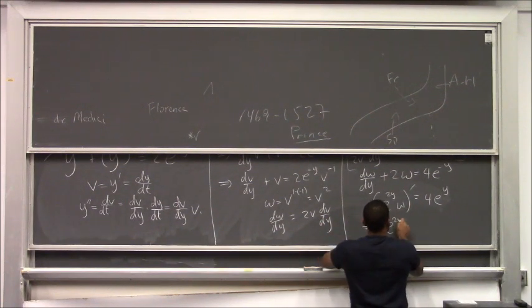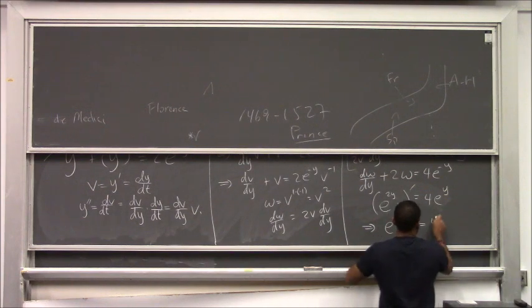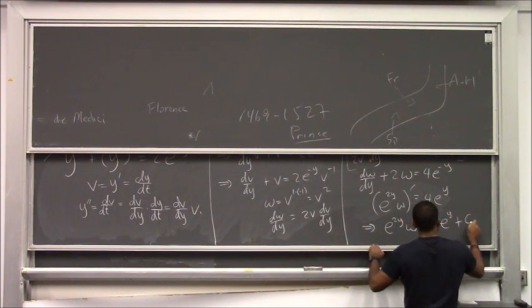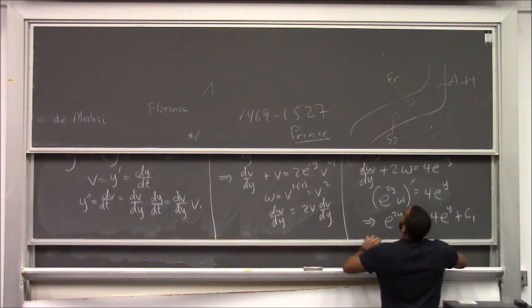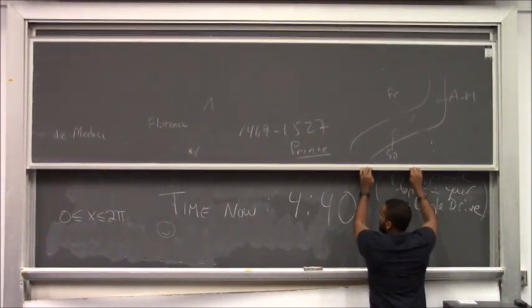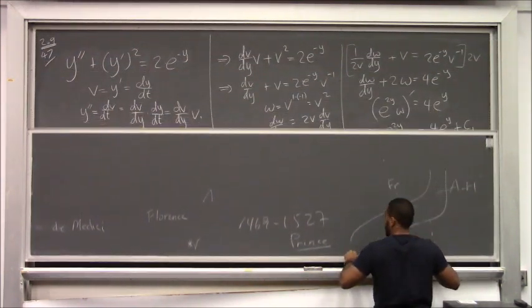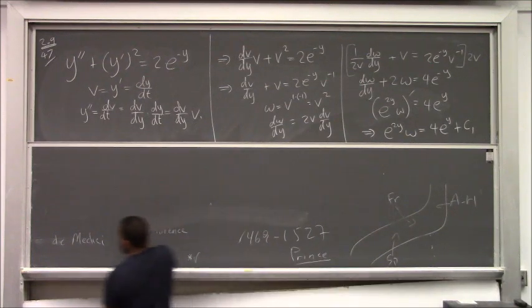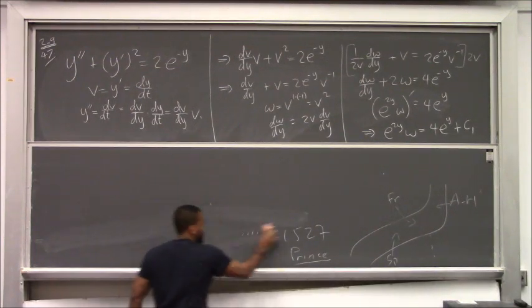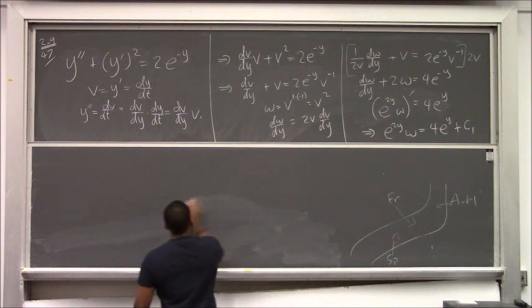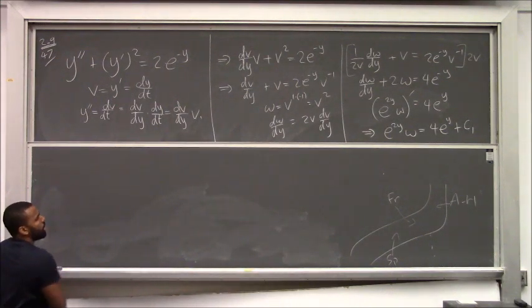And then what we did was we integrated. So we got e to the 2y w. The integral of this is just going to be the same guy plus a constant, let's call that c1. Okay, so now what?